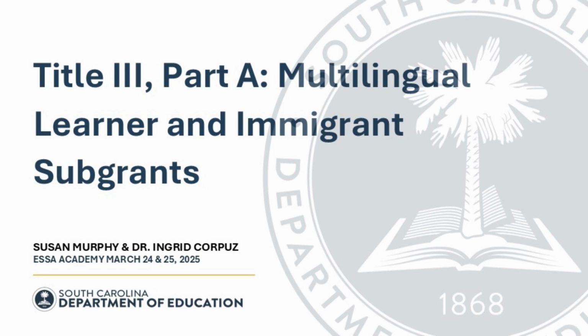It has step-by-step instructions on how to complete your immigrant application. It has a lot more details on allowable and unallowable activities, examples, and so on and so forth. It is a pretty extensive document, but we're trying to make it as user-friendly as possible, with a lot of screenshots of the application so that you are able to navigate it easily.